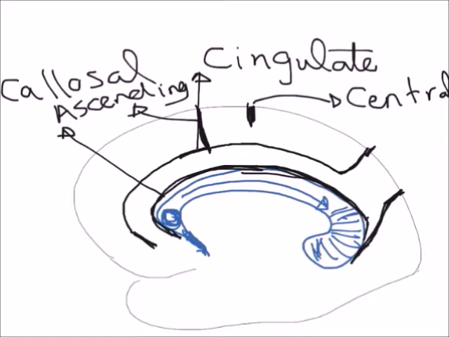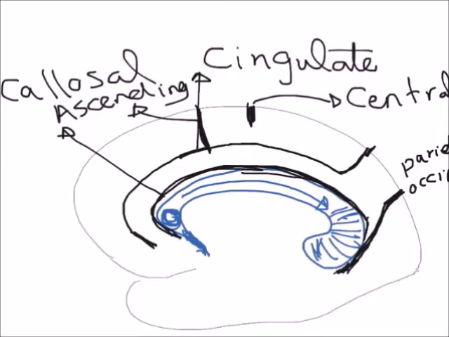It begins from here as the stem of the parieto-occipital fissure, just below the splenium of the corpus callosum, and extends on the medial side of the brain, separating the parietal lobe and the occipital lobe on the medial side. This is the parieto-occipital.